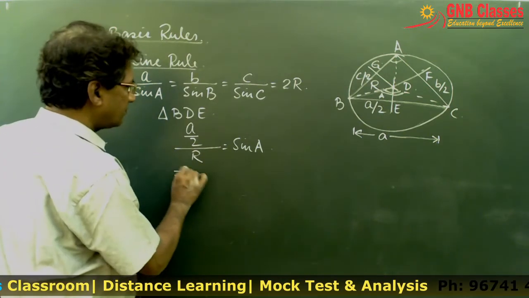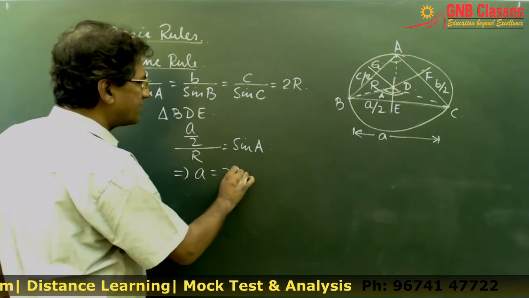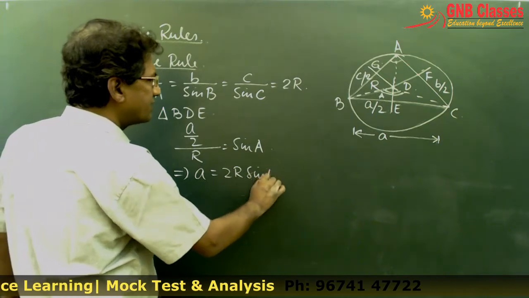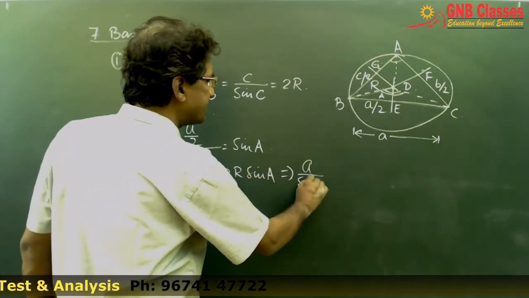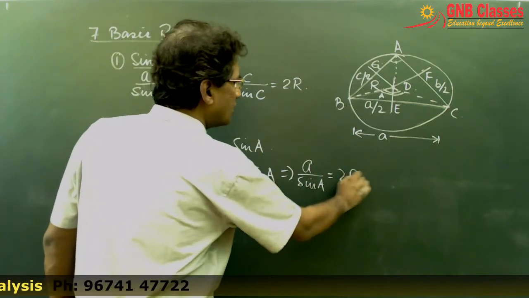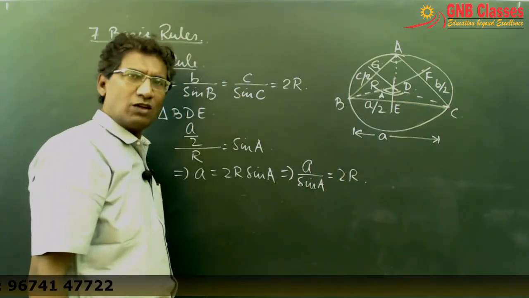Therefore, a is 2R sine A, which implies a by sine A is 2R. Is it clear to all of you?